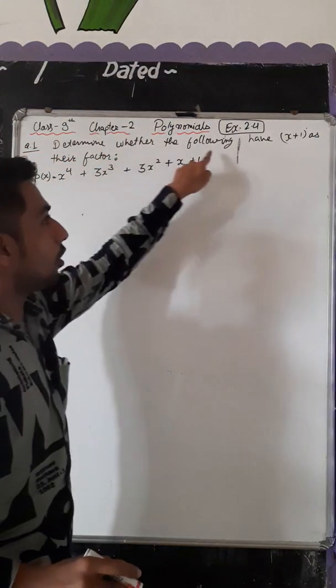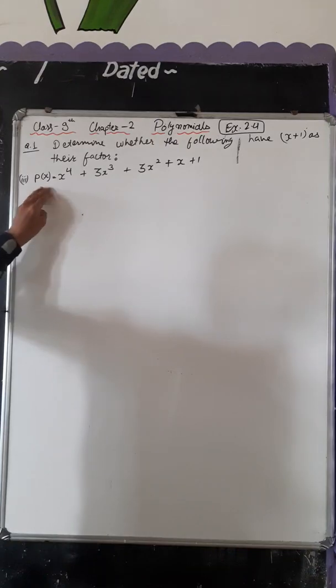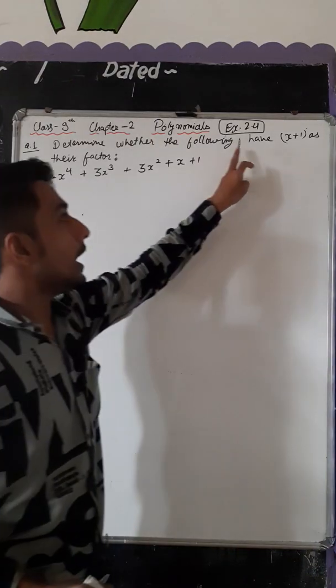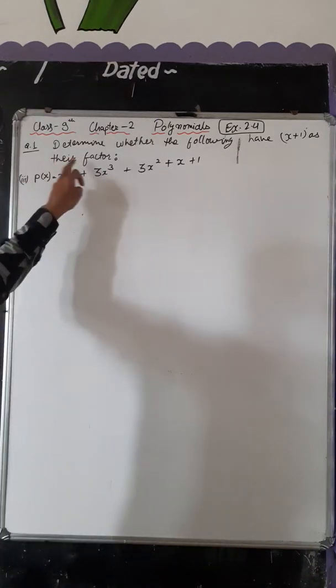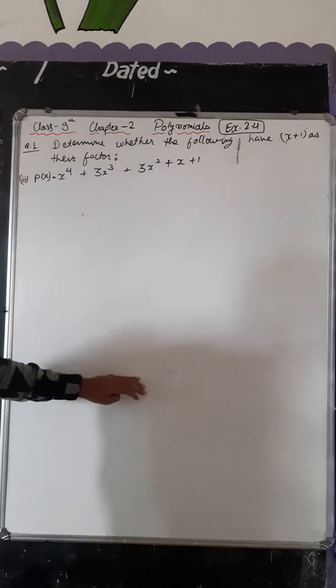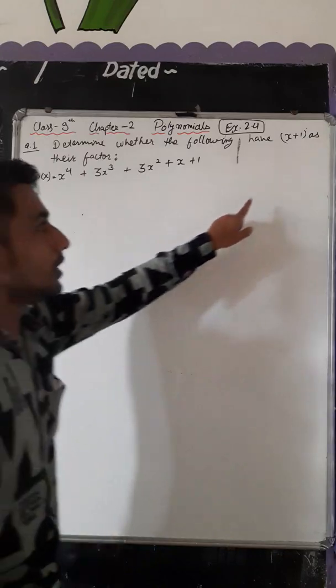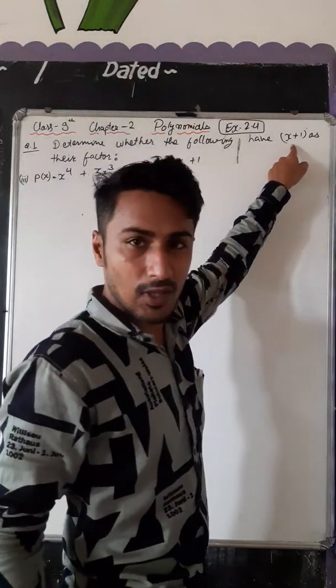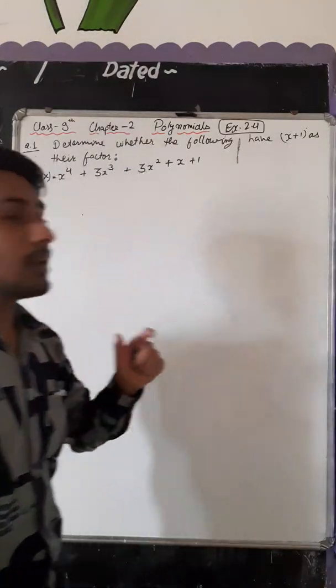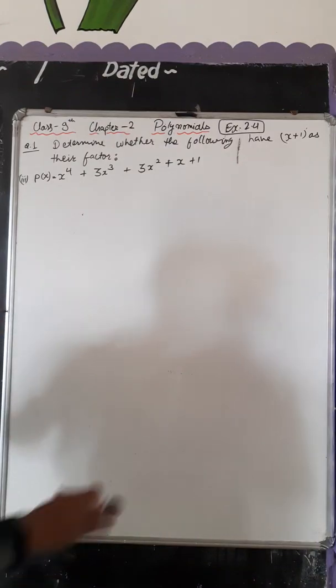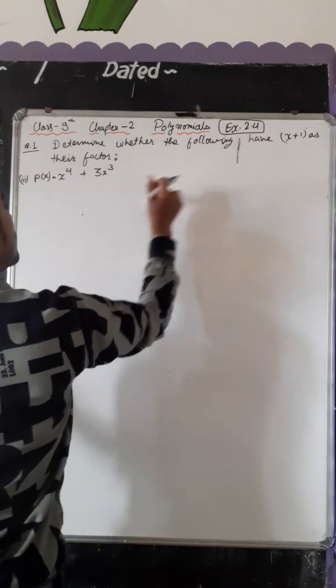Determine whether the following कुछ polynomials दे रखे हैं have x plus 1 as their factor. कुछ पॉलिनोमियल्स दे रखे हैं, 3-4 क्वेश्चंस दे रखे हैं. उन चारों क्वेश्चंस में देखना है कि क्या x plus 1 जो है is the x plus 1 a factor of these polynomials or not.